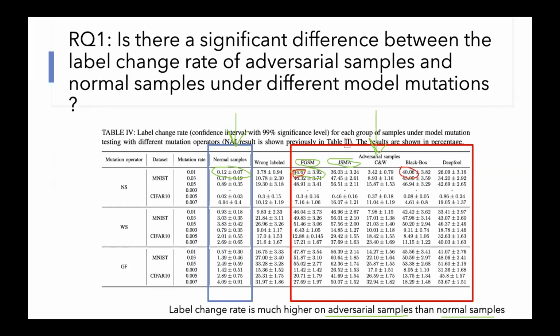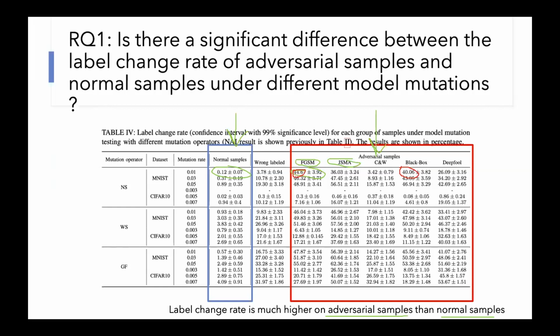Black box means that we do not apply a gradient descent approach, and we generate these samples just like Johnson did. So it's highly likely that the attack success ratio of the black box is lower than the other approaches, right?